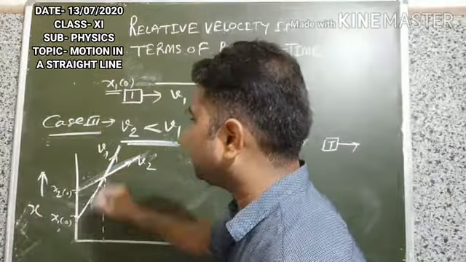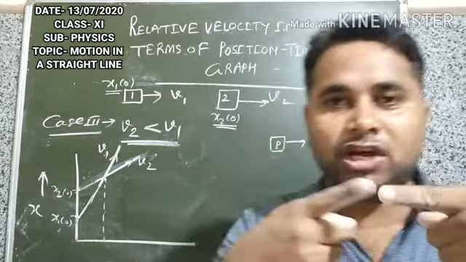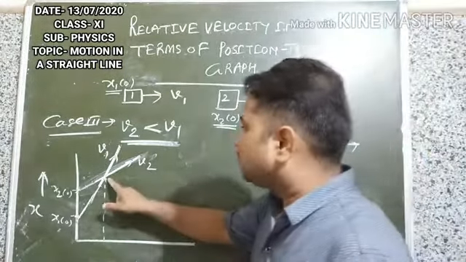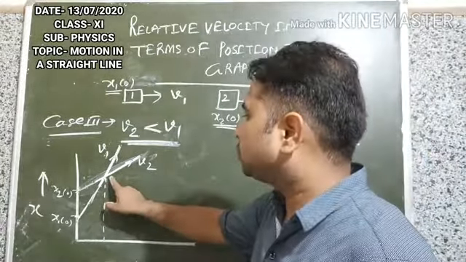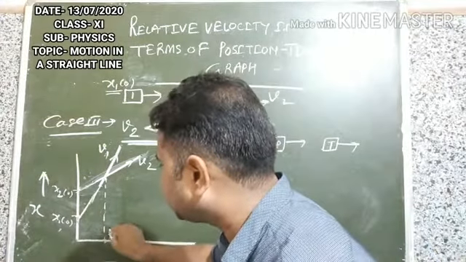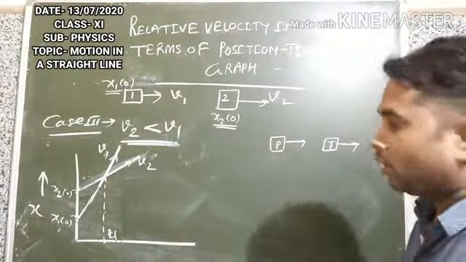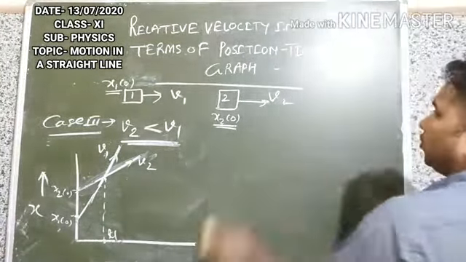ये intersection point है. Intersection means when both are overtaking each other, when both are meeting each other. और जहाँ पे वो मिल रहे हैं, from this position, if you draw a perpendicular on time axis, you will get the time. Suppose t1 is the time at which both are intersecting. So see here about the relative velocity.